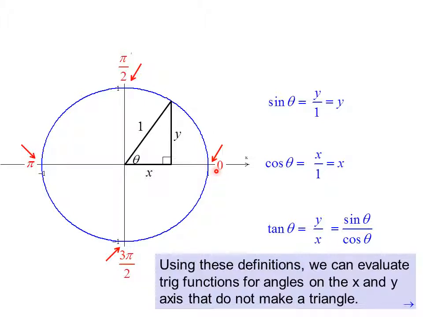And we can do the same thing at these other points. Here, sine theta is 1, cosine theta is 0. Sine theta is 0, cosine theta is negative 1. Sine theta is negative 1, cosine theta is 0.